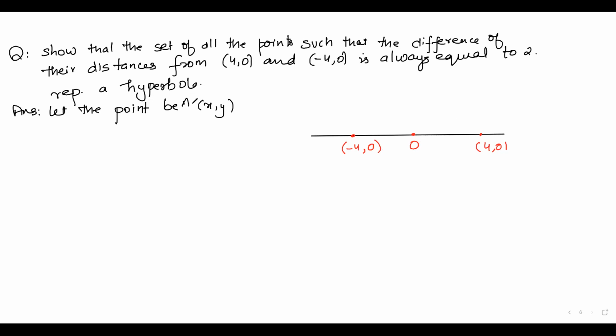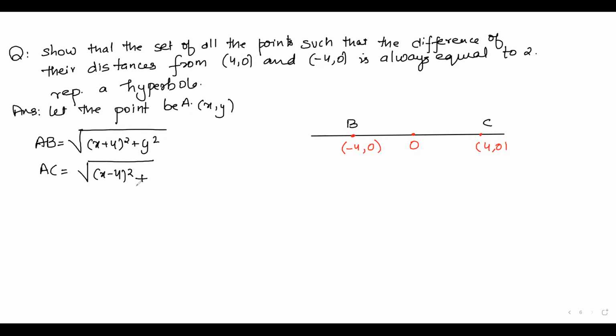So let the point be A, let this be B, let this be C. First of all, we'll find this distance AB. Using the distance formula, AB is the square root of (x plus 4) whole square plus y square. Next is AC, which is the square root of (x minus 4) whole square plus y square.